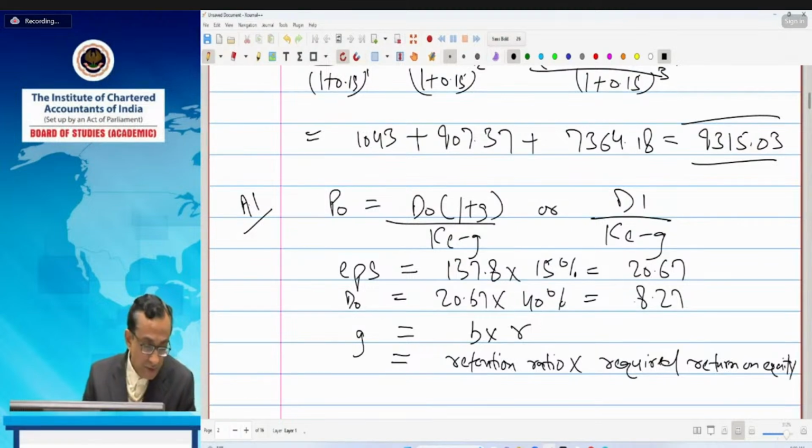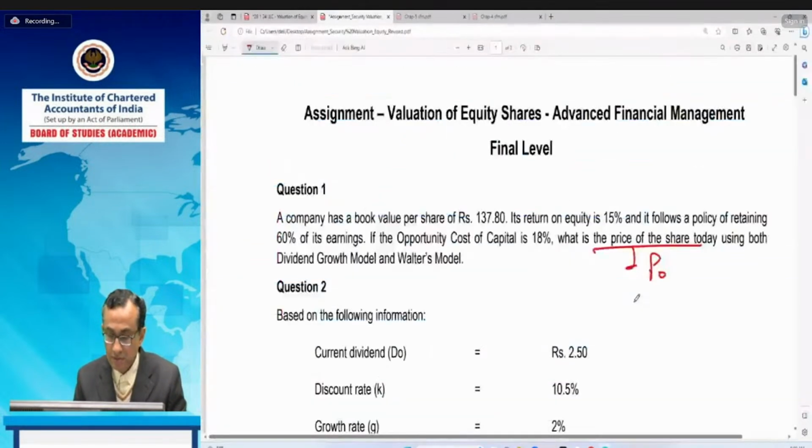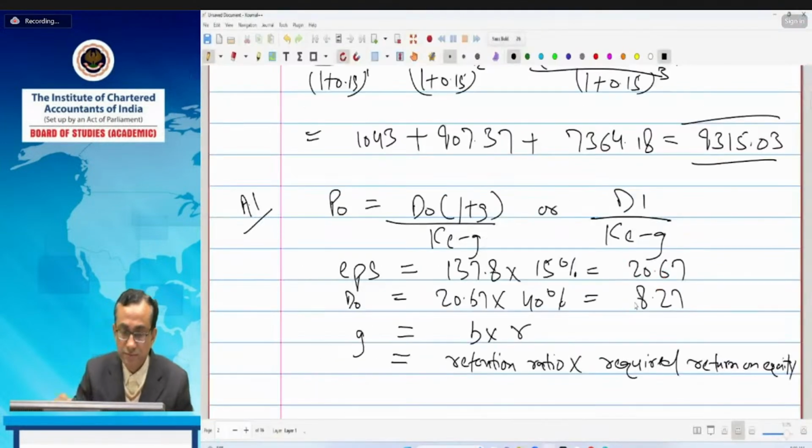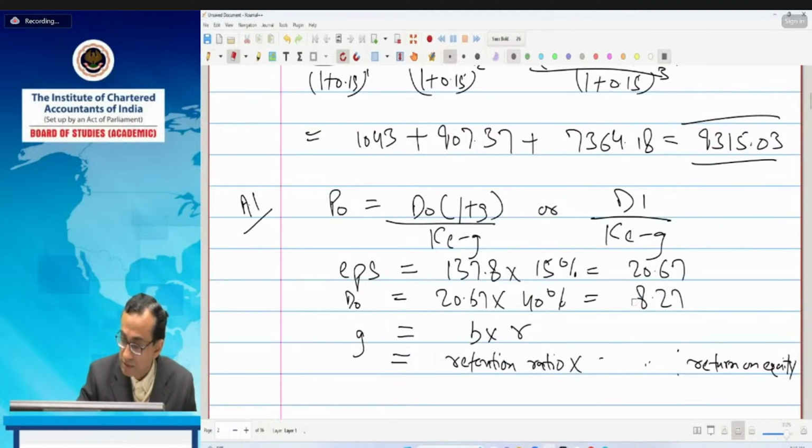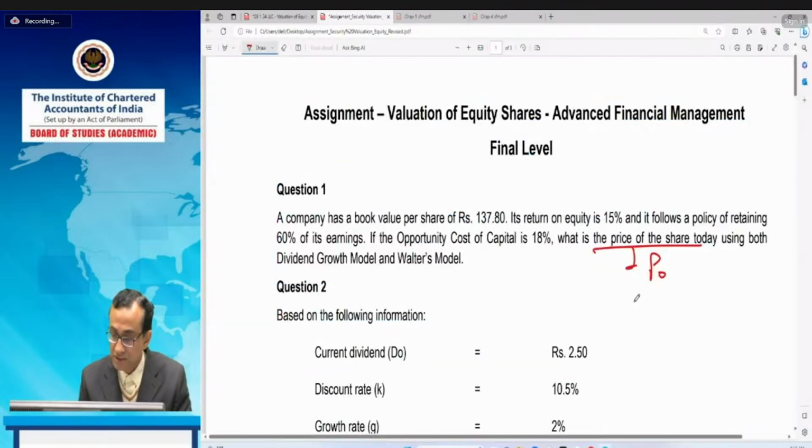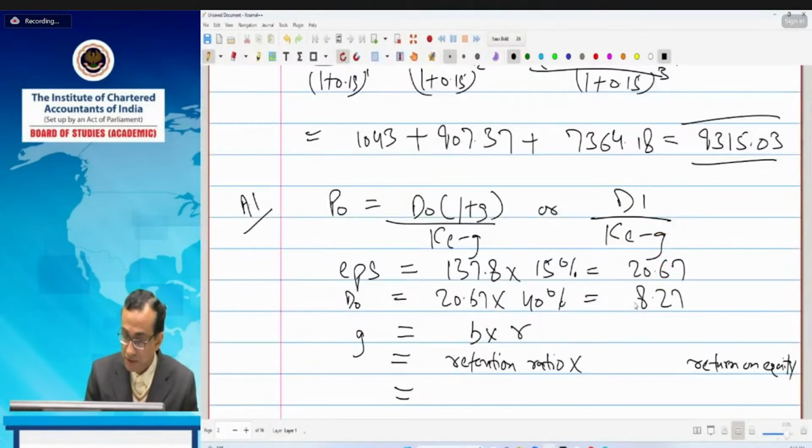The company follows a policy of retaining 60% of its earnings, so the retention ratio is 60%.